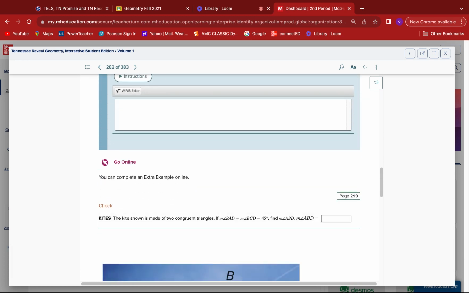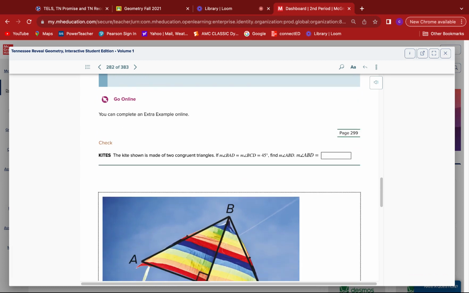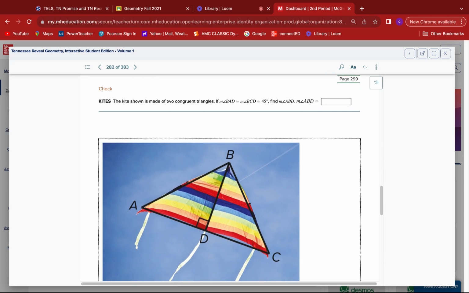If you need another example, you can go online. And I'm going to the next page for my kite problem. So a kite is shown to have 2 congruent triangles. If the measure of angle BAD is 45 and BCD is 45, we're going to find the measure of angle ABD.